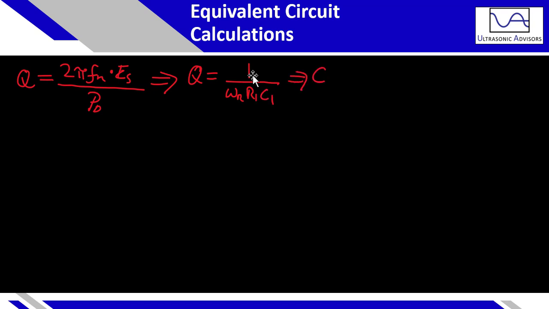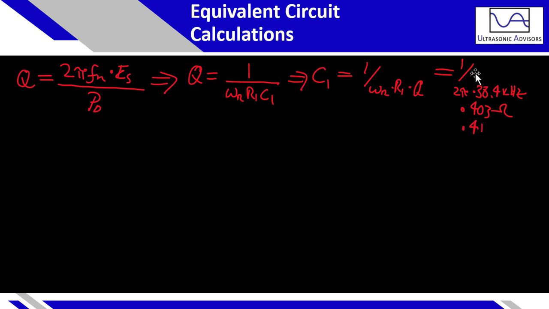From this you can isolate C1 as being equal to 1 over omega r times R1 times Q. That gives you a capacitance value of 1 divided by 2 pi multiplied by 38.4 kilohertz multiplied by 403 ohms multiplied by 41, and that has no units.